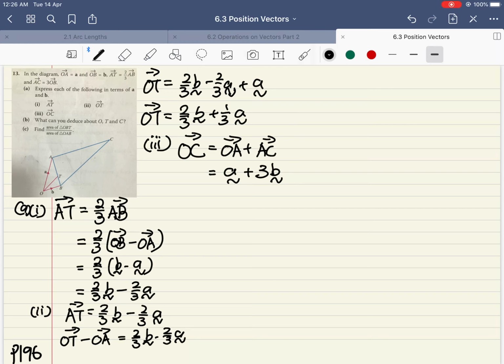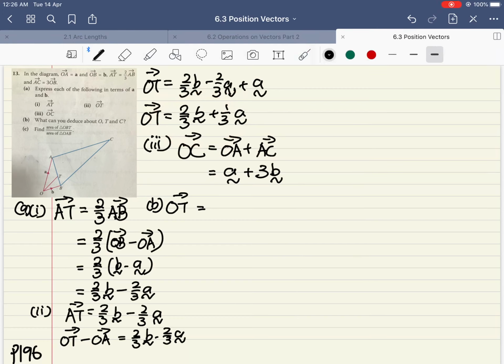Now they ask, what can you deduce about O, T and C? So now O, T and C will be related to OT and OC. We are doing part B now.